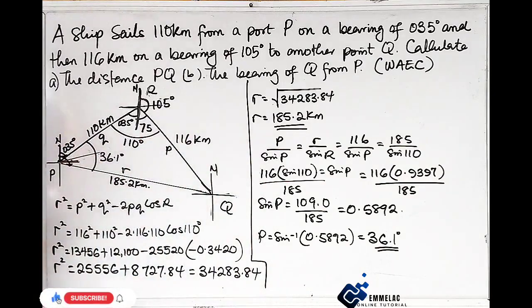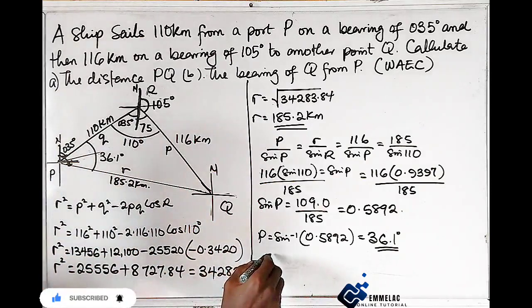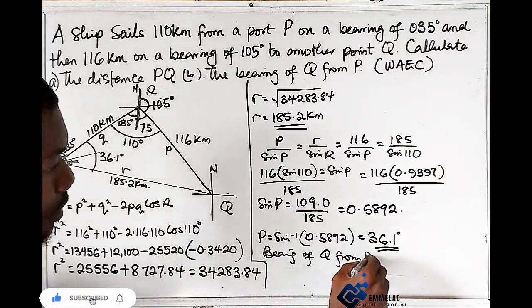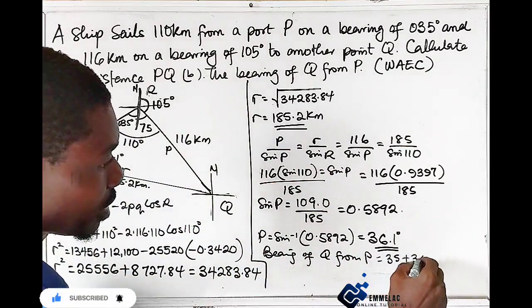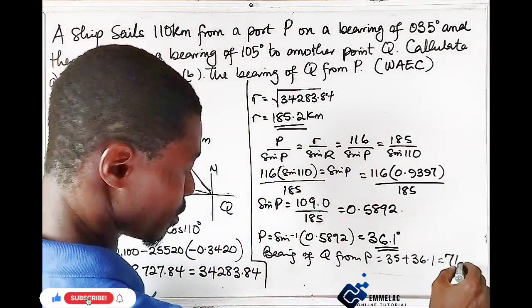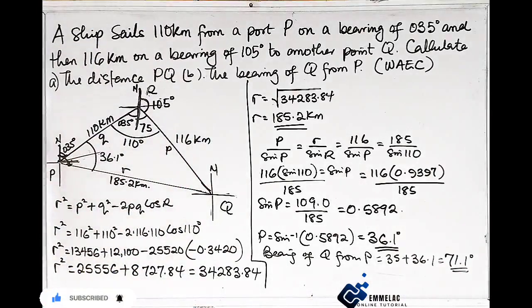So the bearing of Q from P, from the north down to the line here, will be 35 degrees plus 36.1, which gives us 71.1 degrees. This is the final answer.